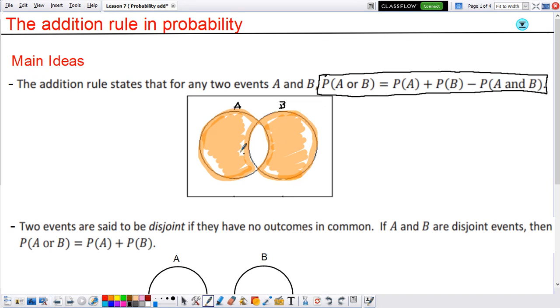Now, how can we get this shaded region? Well, this shaded region is the whole circle of A, which is P of A, plus the whole circle of B, which is P of B, so you add them up, minus P of A and B, remembering that "and" we can think of as an intersection.